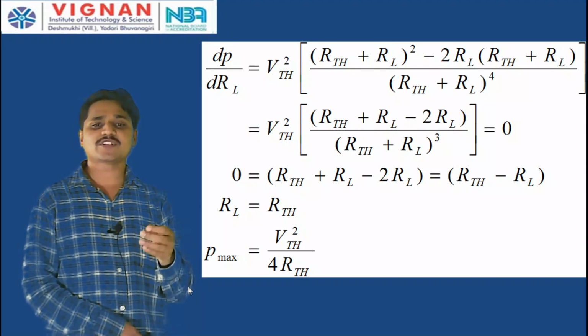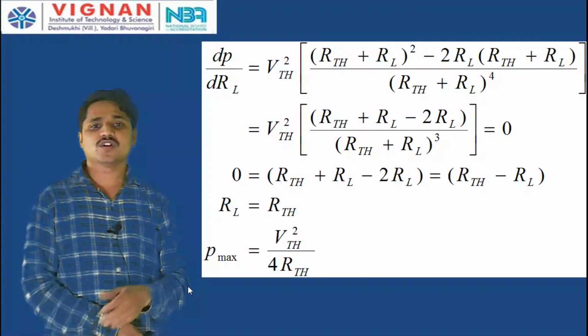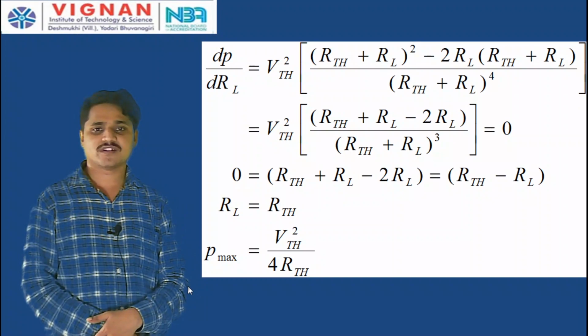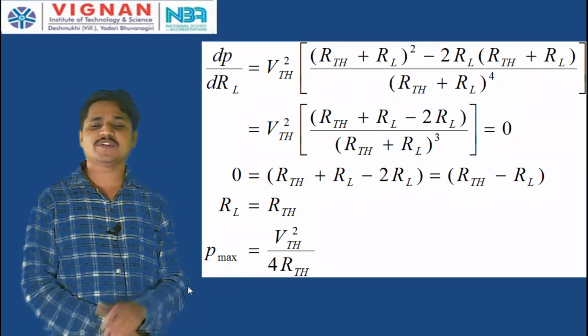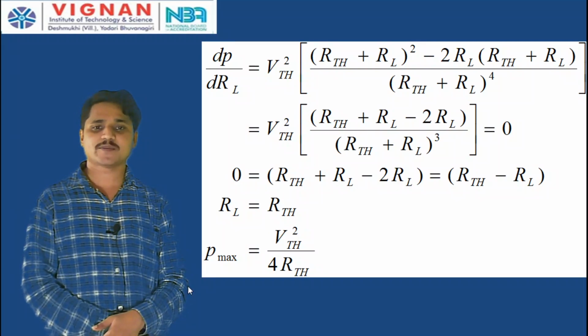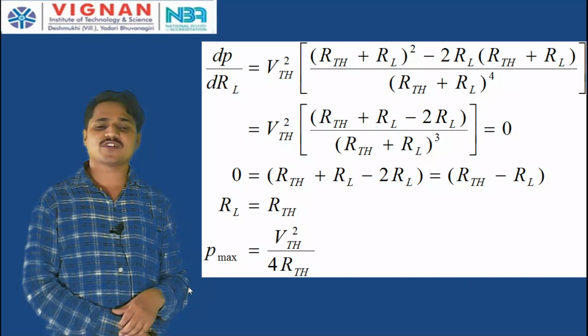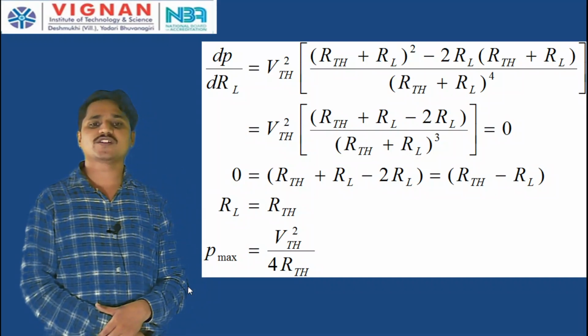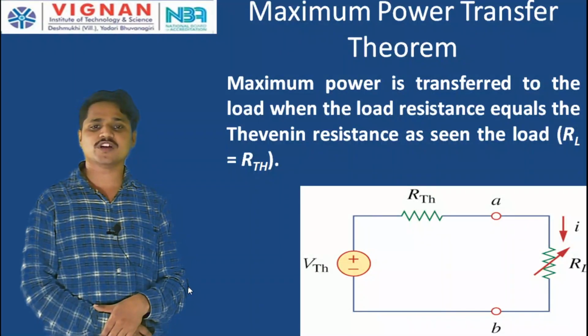Therefore, when the maximum power is transferred, RL is equal to RS. Do not say RS is equal to RL. In a mathematical equation, if A is equal to B then B is equal to A, which is possible only in mathematics, but here it is a practical situation. So, the maximum power is transferred from source to load when the load resistance is equal to the source resistance.